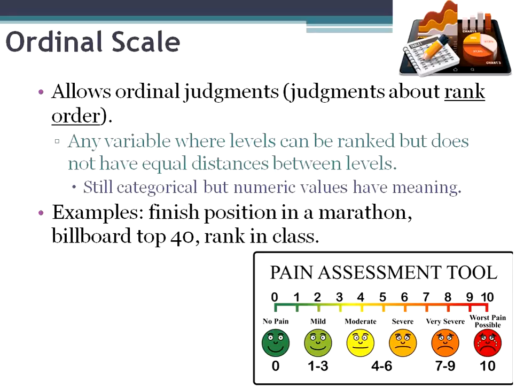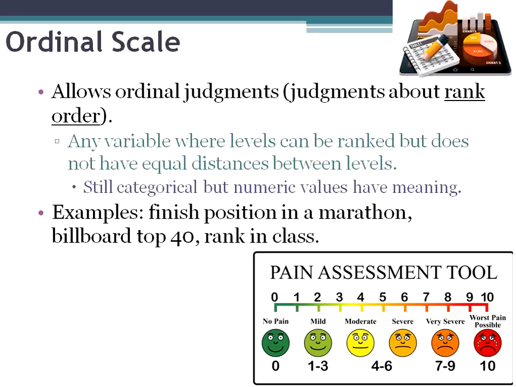Additionally, the distance between a 1 and a 2 on the pain scale for me might not be the same as the distance between a 5 and a 6. So one of the key things about these ordinal judgments is that they rank order these categories, but there's not necessarily the same distance between one level of the category and the other.